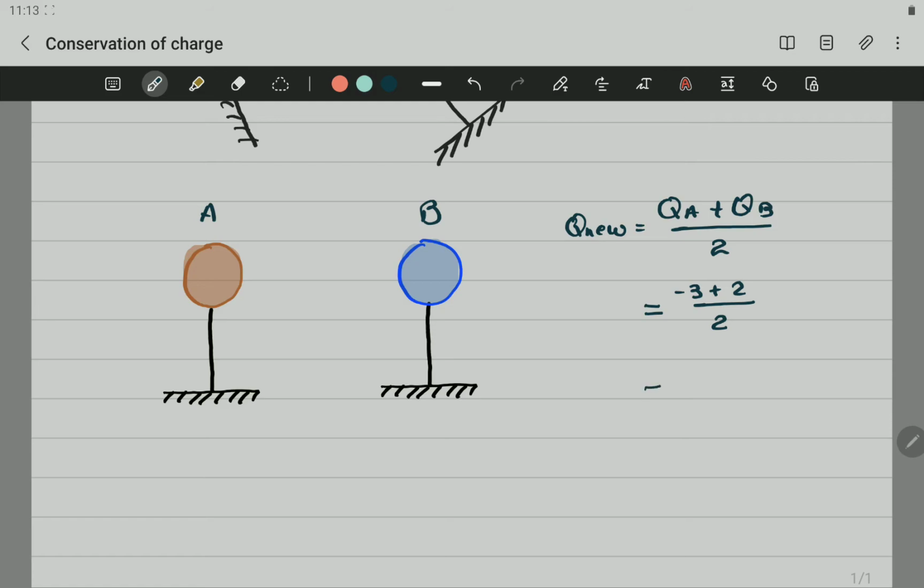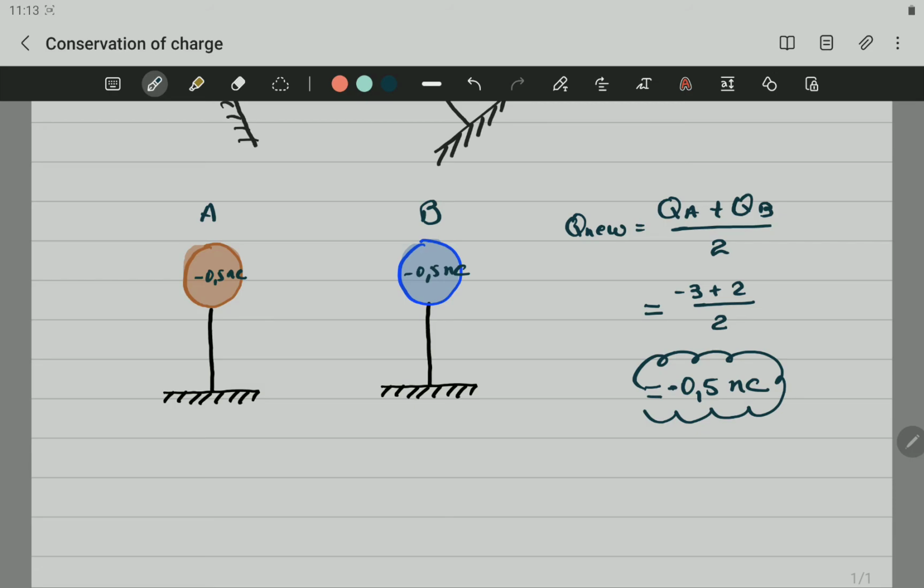What is the answer here? The answer is going to be minus 0.5 nanocoulomb. So each of them will have a charge of minus 0.5 nanocoulomb.